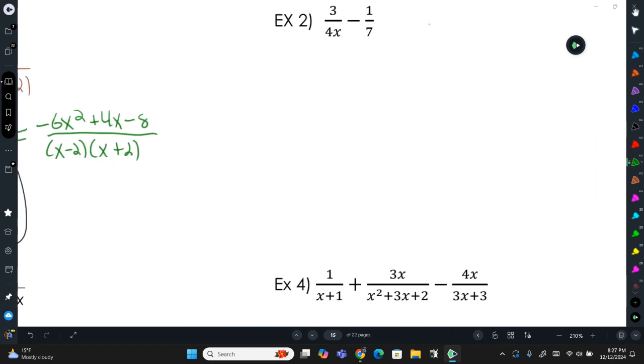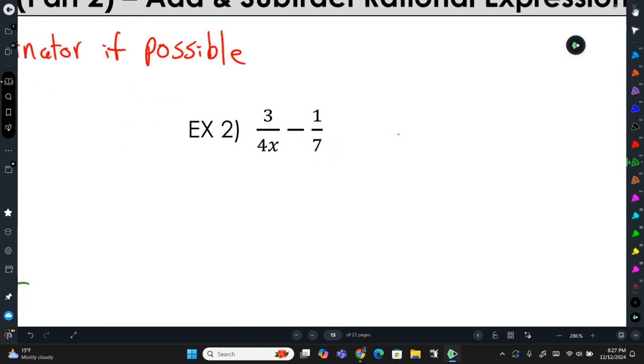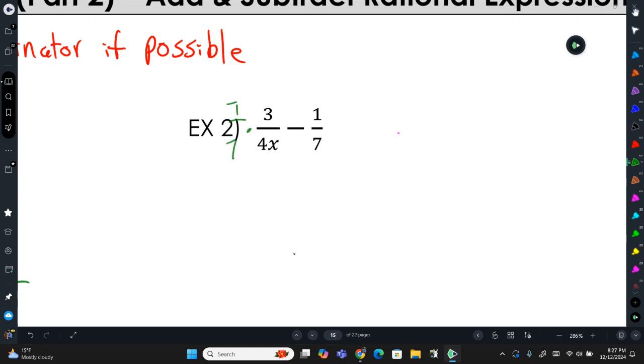All right, example 2. We don't have a common denominator, but we don't need to factor anything. So we can multiply this by 7 over 7 and this by 4x over 4x.